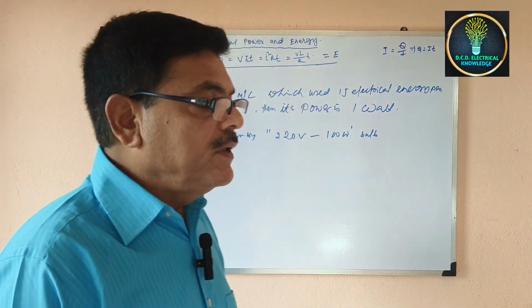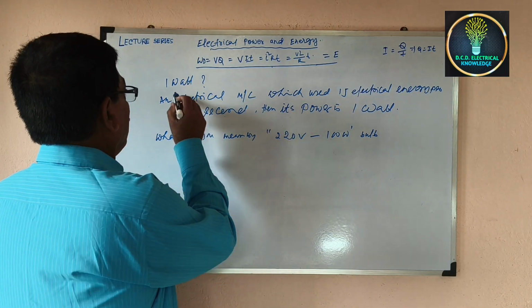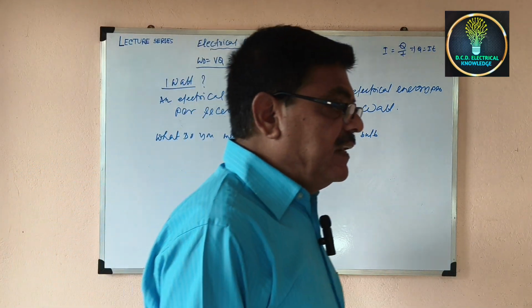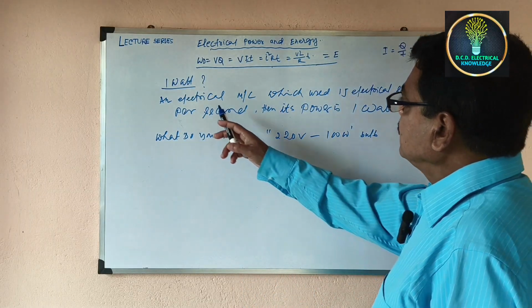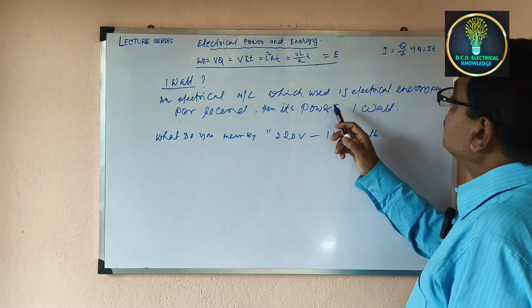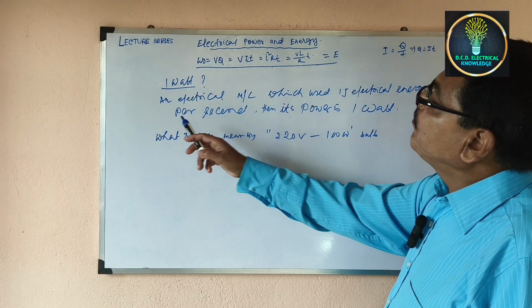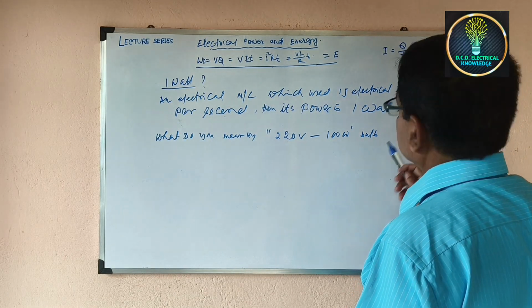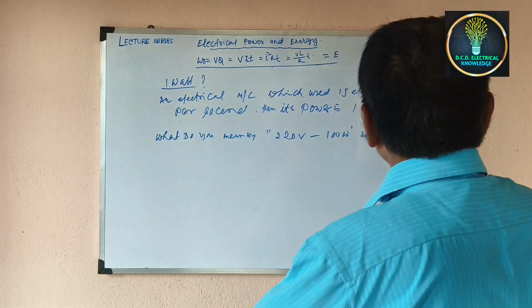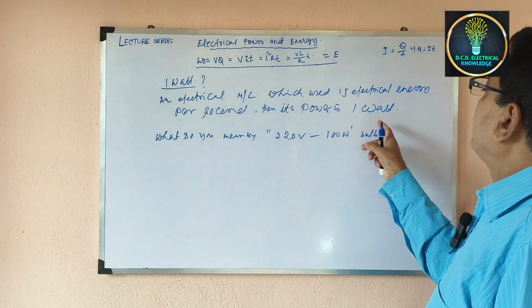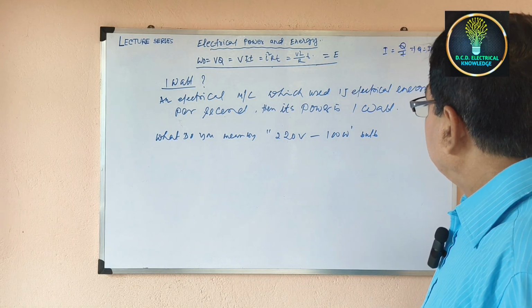What do you mean by 1 watt? An electrical machine which uses 1 joule of electrical energy per second, then its power is 1 watt.